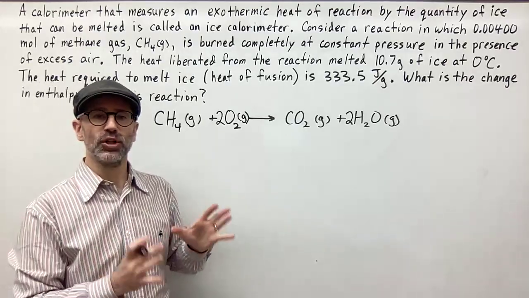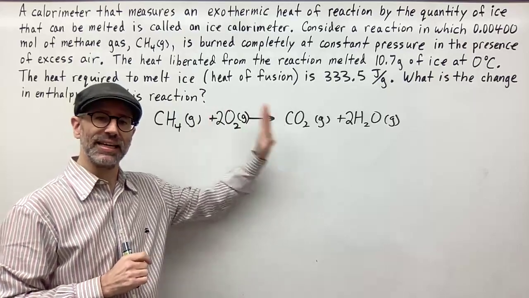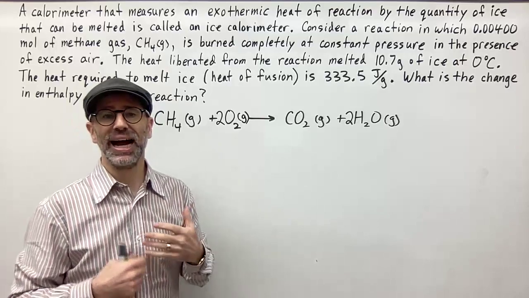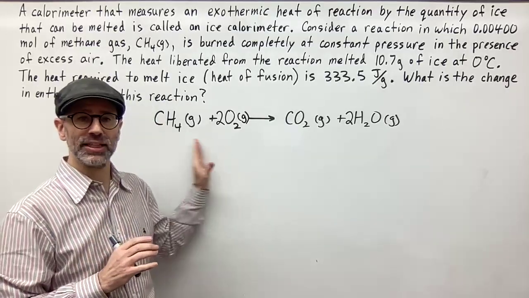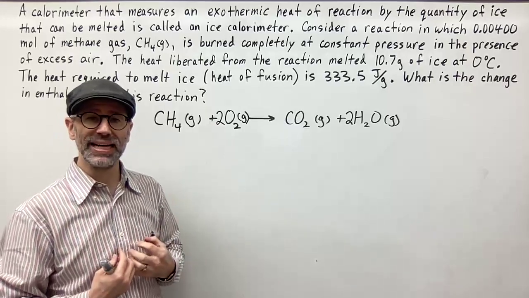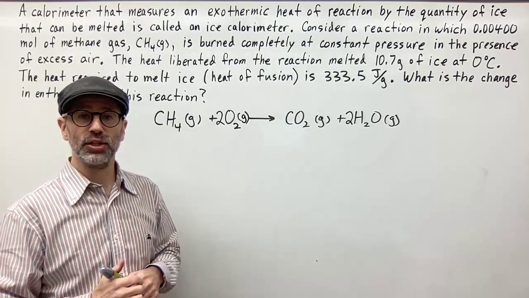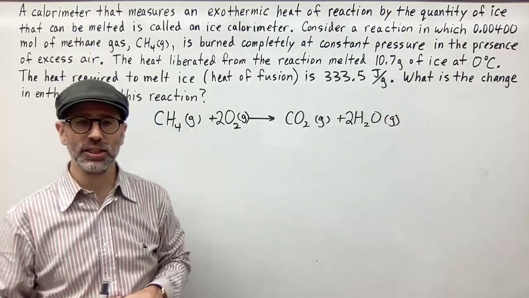Now we're told that the heat that comes from this reaction is absorbed by the ice. This is happening in an ice calorimeter, so the assumption is that all of the heat released by this reaction is absorbed by the ice and melted. And we found that 10.7 grams of the ice is melted.